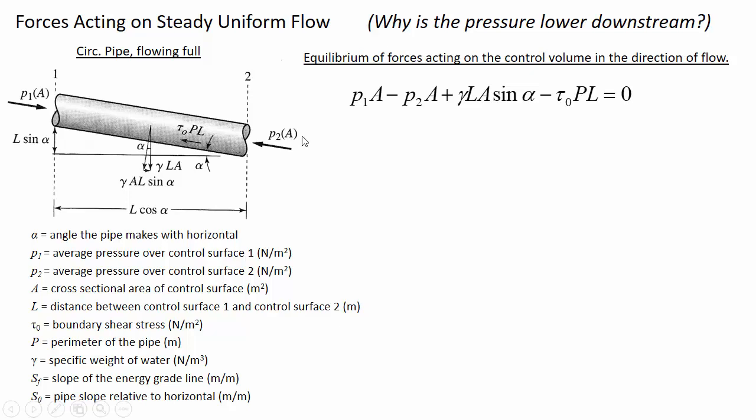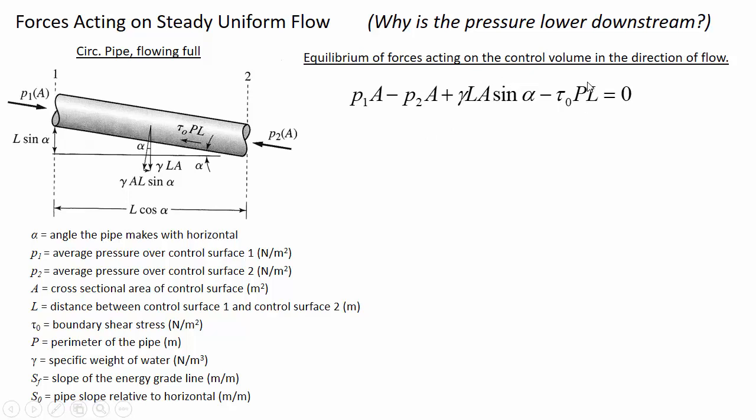And so P2 times the cross-sectional area at 2 is opposing the flow, since it's in the opposite direction. So you'll notice the minus sign here is saying it's as though that's a force that's acting in the opposite direction from the original pressure times area force. The weight of the water element in the direction of flow is plus, because it acts to the right.